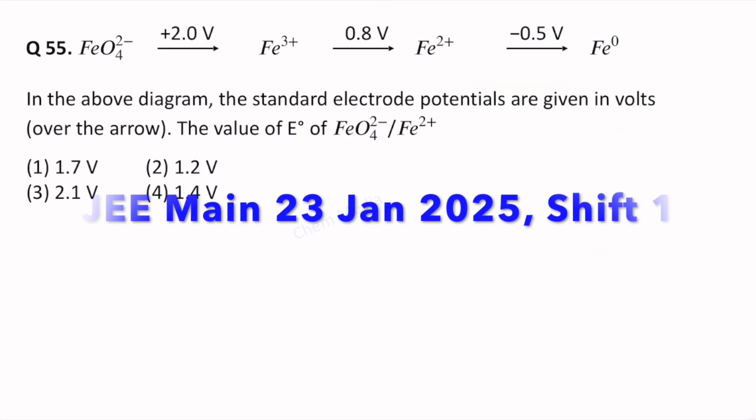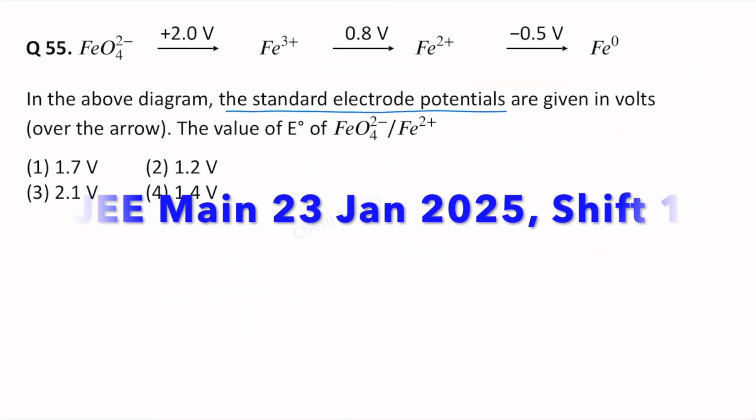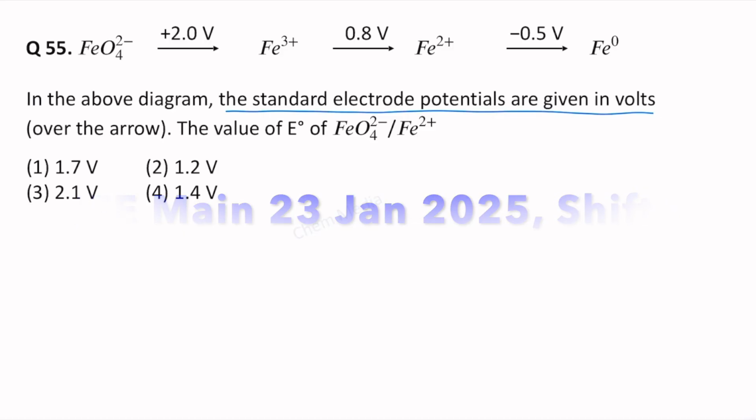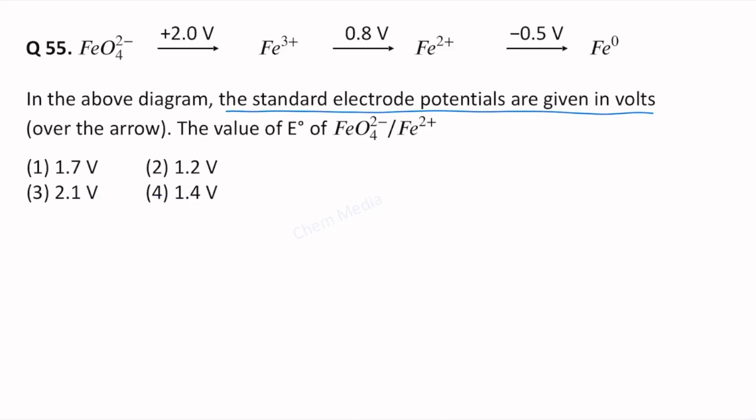So the only correct option is option 2. In the above diagram, the standard electrode potentials are given in volts over the arrow. What is the value of E cell standard for FeO4 2- becoming Fe2+? First of all, we need to figure out the oxidation state of Fe in the ferrate ion. We don't know that, therefore let us keep it as x. x plus 4 times, we put -2 for oxygen typically.